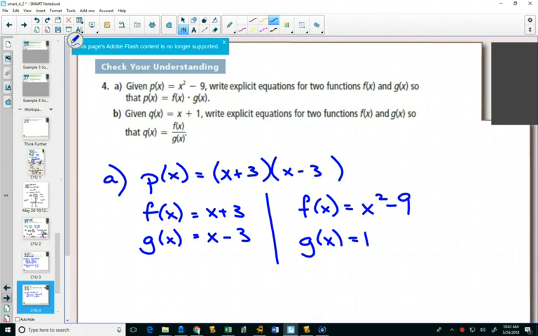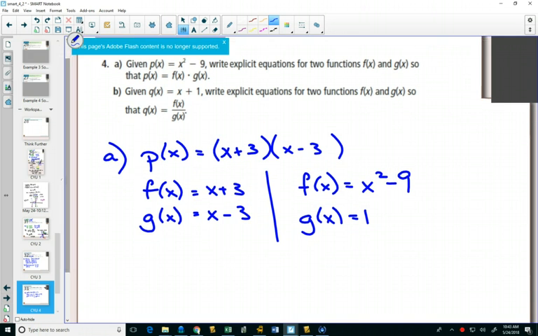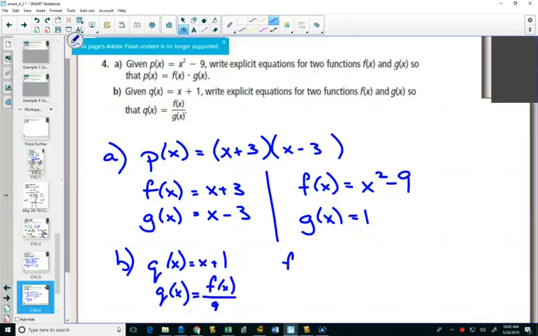The one you have to be careful on, okay, in B, if q of x is x plus 1, then I would make, and it's supposed to be f of x over g of x, if I make f of x, x plus 1, what does that make g of x? Make g of x equal 1, because dividing by 1 won't change anything.